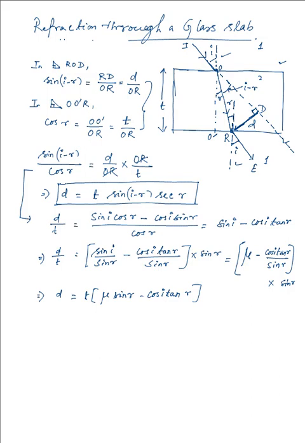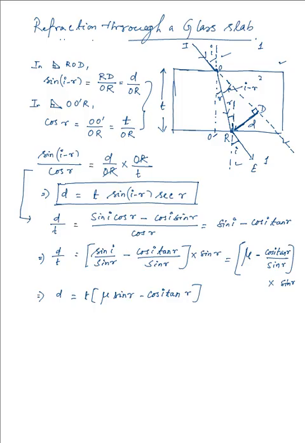Now one thing that we can use to our benefit is that if we have the value of mu provided to us and we do not know i and r, we can get rid of either of them. In case we have only the i terms, we know that sine i by sine r is going to be equal to mu.